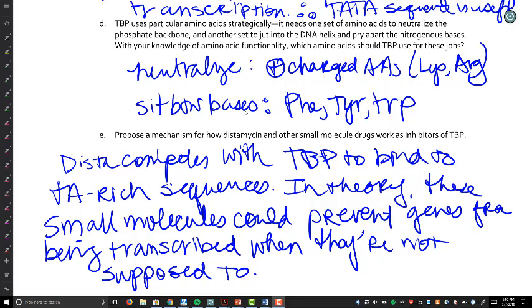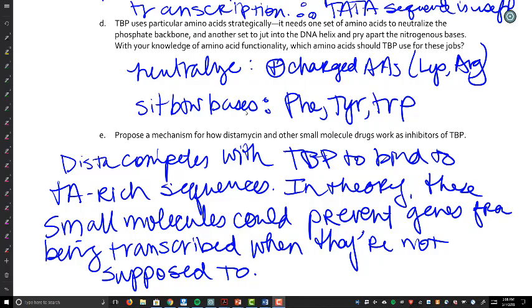So specifically, genes that are related to cell growth and development oftentimes are transcribed out of control. So one of the levels at which we can prevent overexpression of the wrong genes is by cutting them off at the DNA level. And so in particular, could we possibly prevent TATA box binding protein from being able to bind to the TATA box or other AT-rich sequences of DNA?